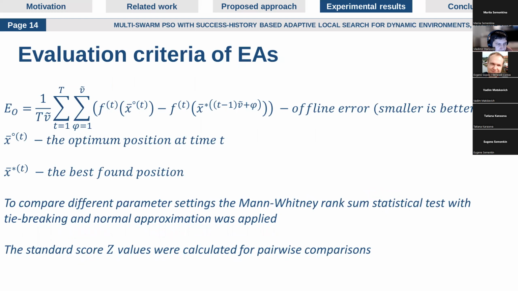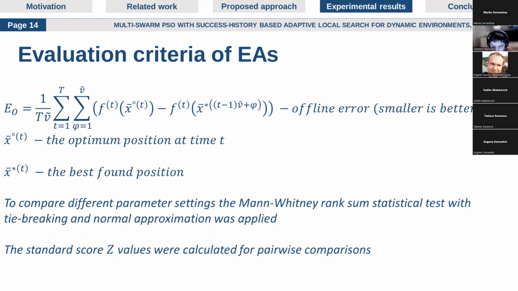Finally, the evaluation criterion that we use is called the offline error. So how far are the global optima, where we know where it is, from the best point found by the algorithm at every time step. The sum of all these errors makes together the offline error.